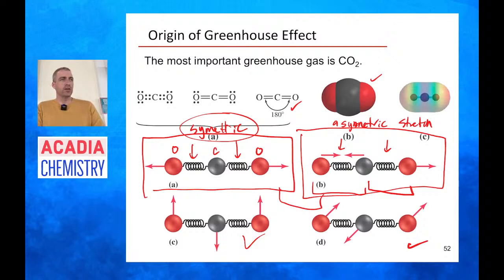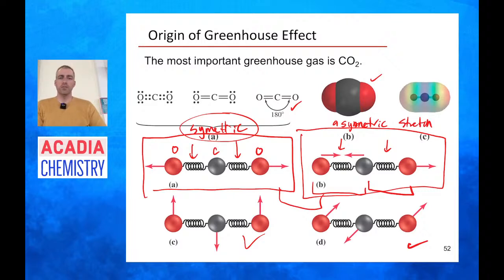Infrared energy is not very strong. It's much weaker than visible, which is again much weaker than ultraviolet light. We saw that ultraviolet light is high energy. It can be absorbed by molecules and it can break bonds. Infrared light's too weak. It can't break bonds. All it can do is excite the molecule into these different vibrational modes.